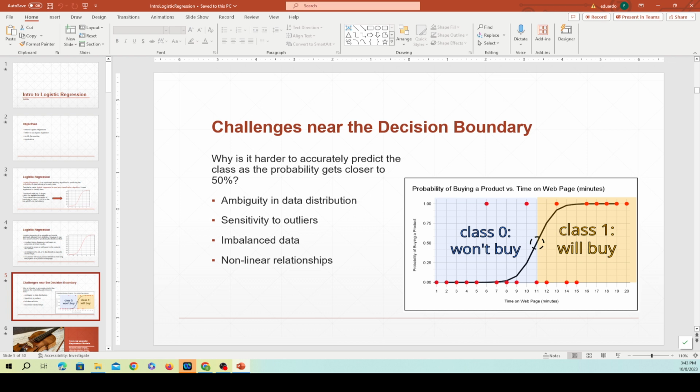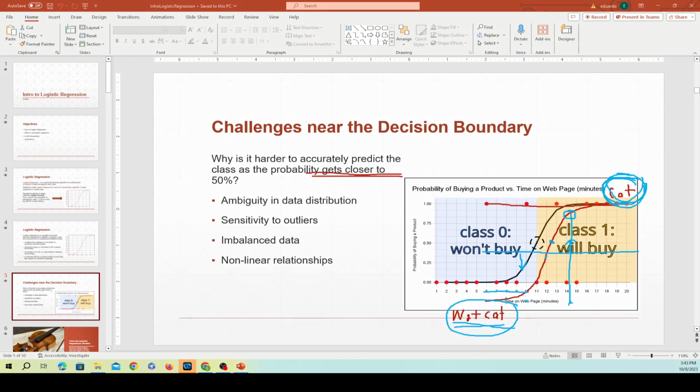So here is a little more in-depth example of somebody who is going to buy or not buy. Let's say that we gather all the information about a person spending time on a website and determine whether they're going to buy the item or not. So here we have that person.